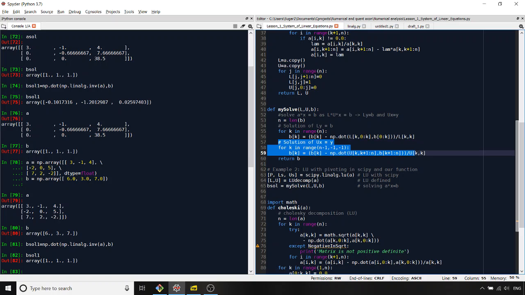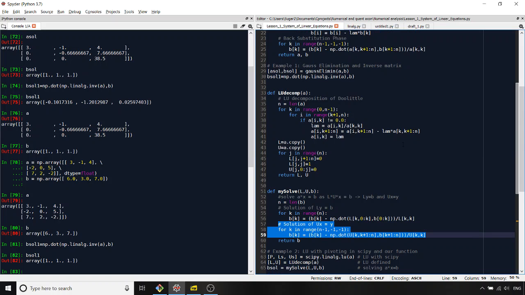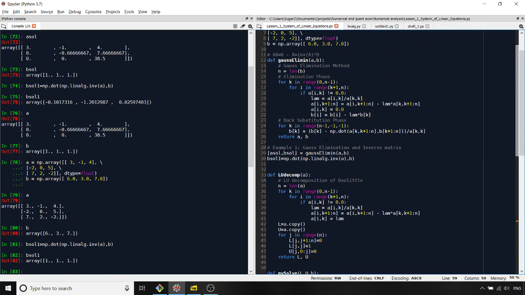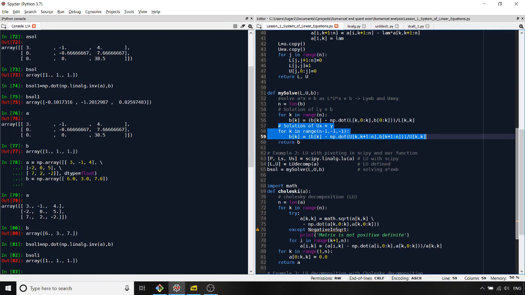This is exactly the same as the back substitution pass we did for Gauss elimination. For this case it's going from up to down, but for this case it's going from down to up. The only difference is that it's simple. And then the resulting matrix will be B, which will already be our X.